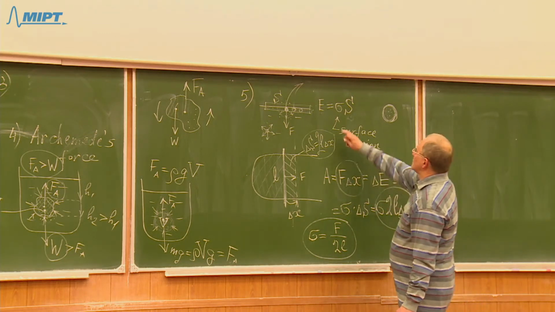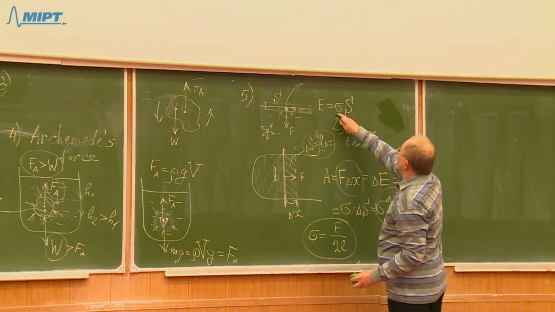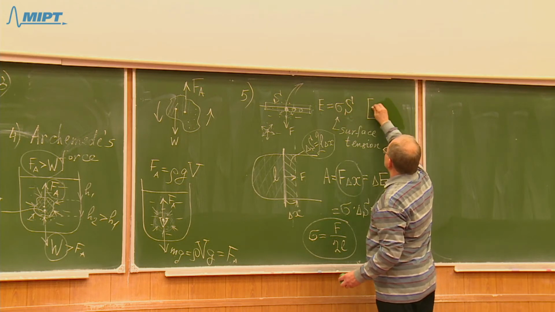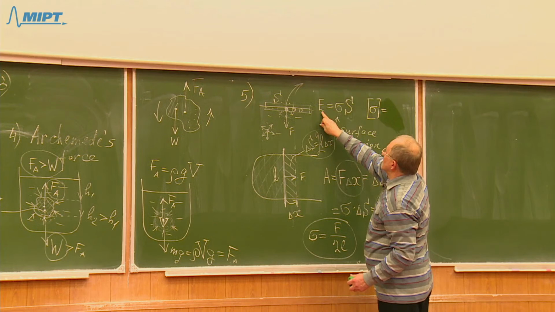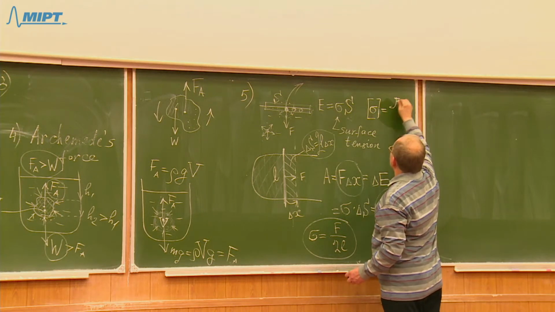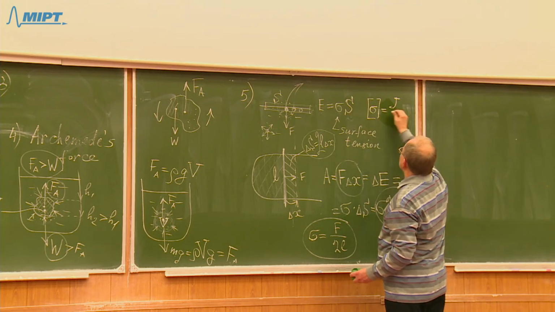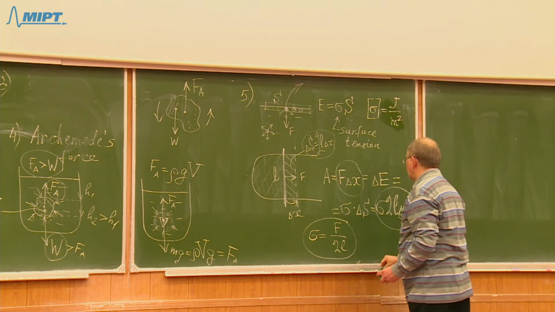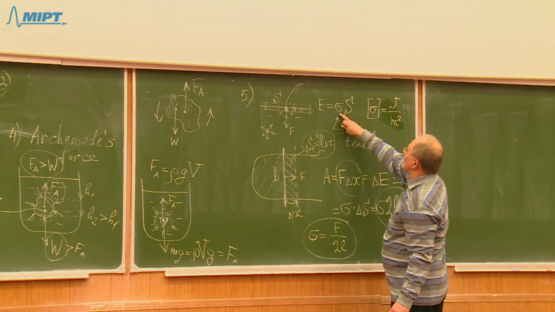If we look at this physical quantity sigma, we can easily conclude what the units of measurement of sigma will be. Energy is measured in joules, and surface area is measured in meters squared. That is from this formula.